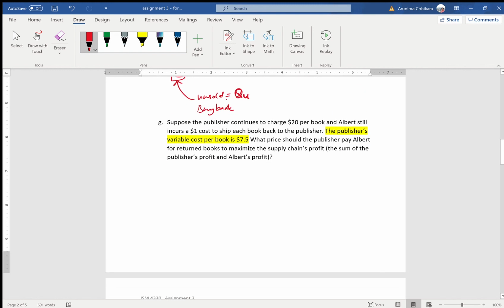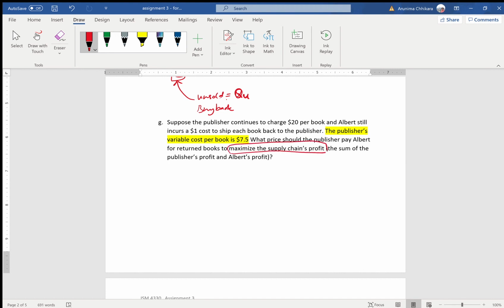Now the next part of the question says that suppose the publisher continues to charge $20 per book and Albert still incurs a $1 cost to ship each book back to the publisher, and the publisher's variable cost per book is $7.5, then what price should the publisher pay Albert for returned books to maximize the supply chain's profit?